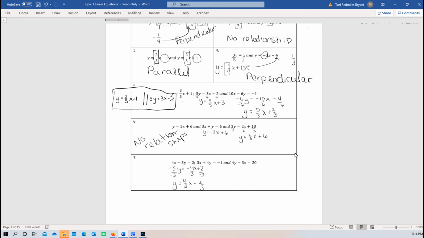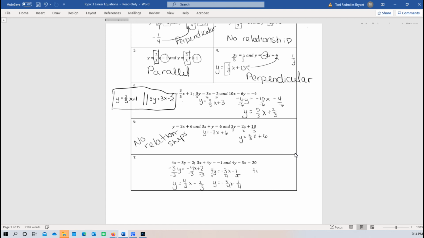My second equation, I have to do the same thing, so it's going to be a positive 4y equals -3x minus 1. Divide everything by 4, and we get y equals -3/4 x minus 1/4. Forgot my x.